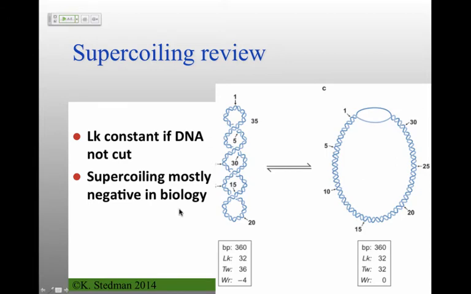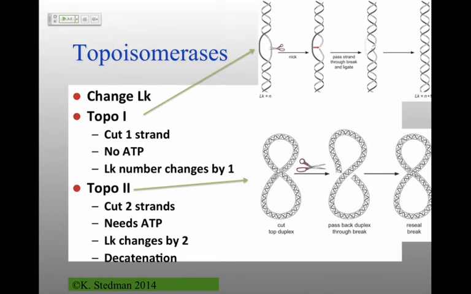This is really critical for compacting, but also for helping to open up those two strands relative to each other. Since it's so important, of course, you have enzymes that help do this. These are the topoisomerases. The topoisomerases change the linking number. If you don't cut DNA, you're never going to change the linking number. However, as soon as you include a topoisomerase, you can.